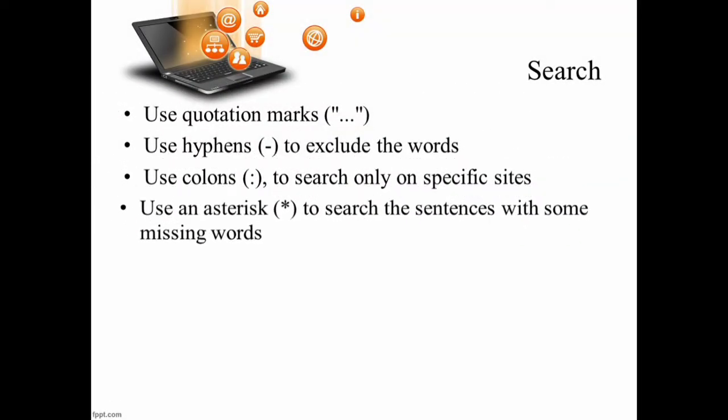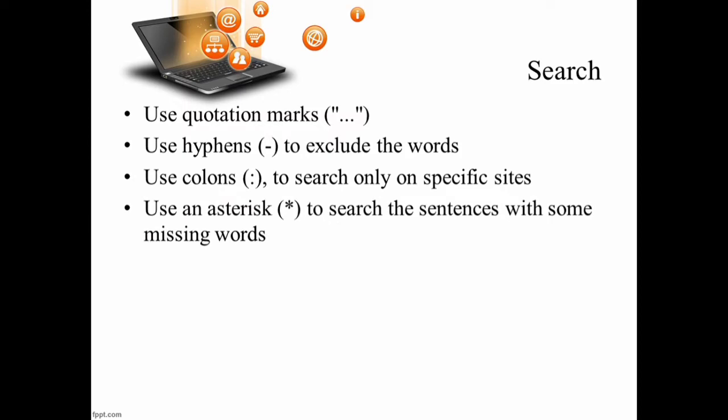Alright, the next is use an asterisk. You can see how the symbol looks in the PowerPoint. The purpose is to find sentences with some missing words. For example, you want to find the lyrics of a song, but you forget the title of the song.